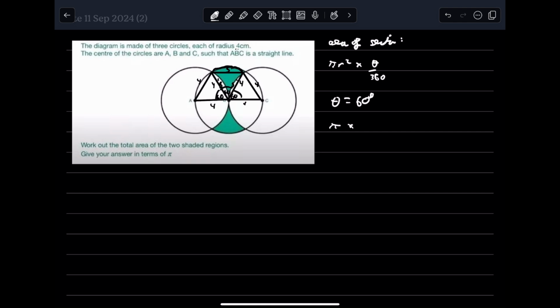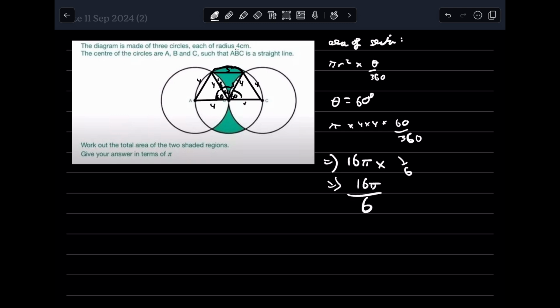So pi times 4 squared times 60 over 360 simplifies down to 16 pi times 1/6, which is equal to 16 pi over 6.